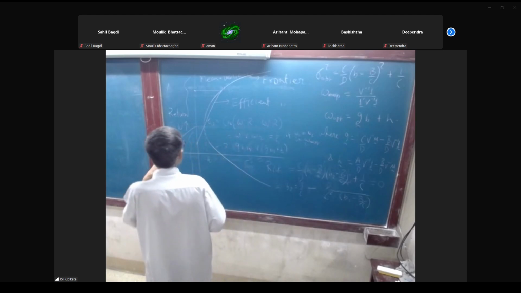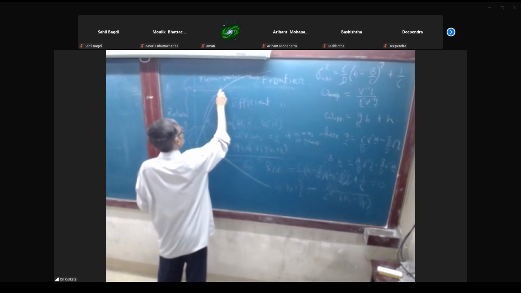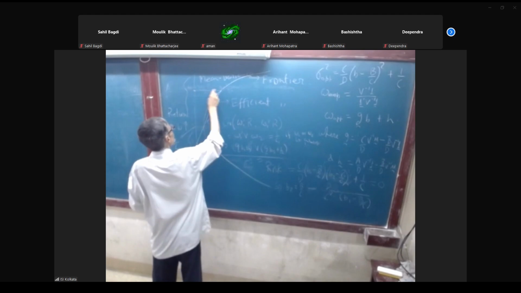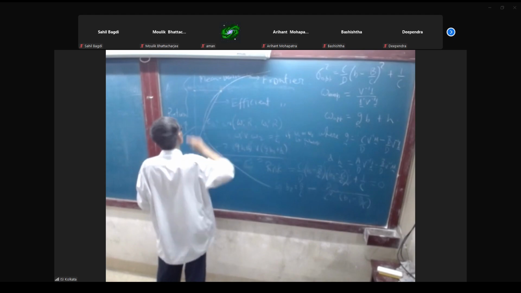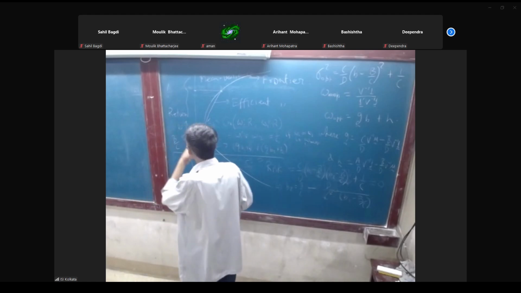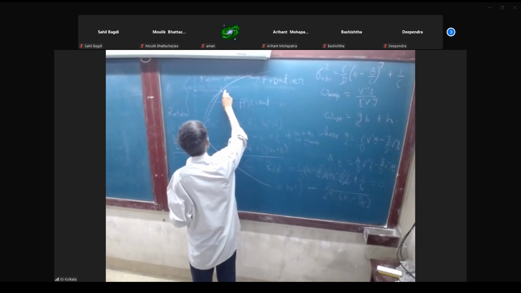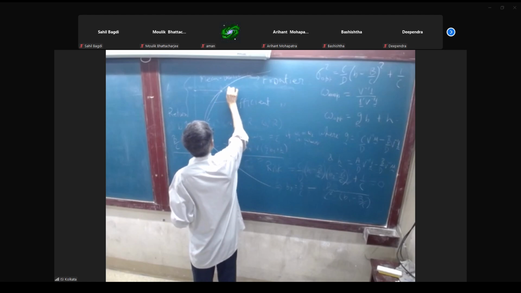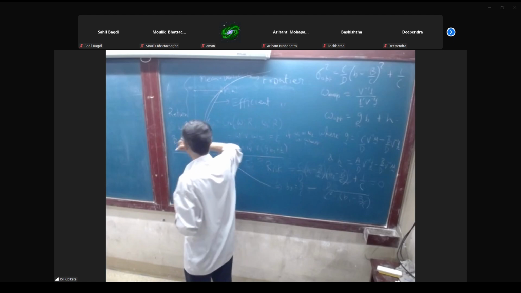How should I show this? That's a very good question. First of all, what's the coordinate of this one? The coordinate of this one is not B1, it's sigma 1 square, comma B1. And I know the value of sigma 1 square already.